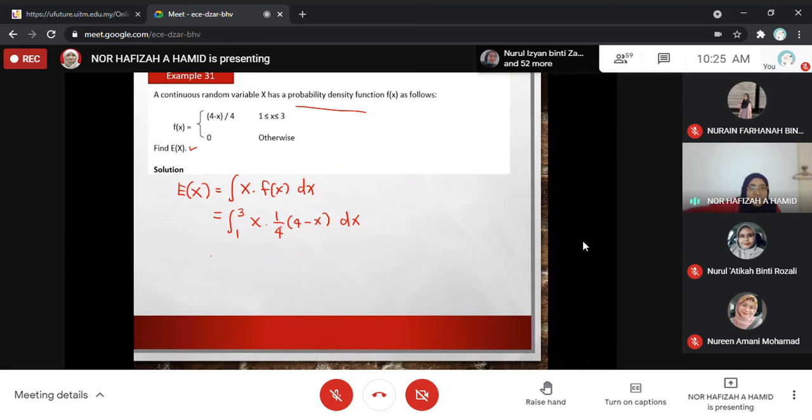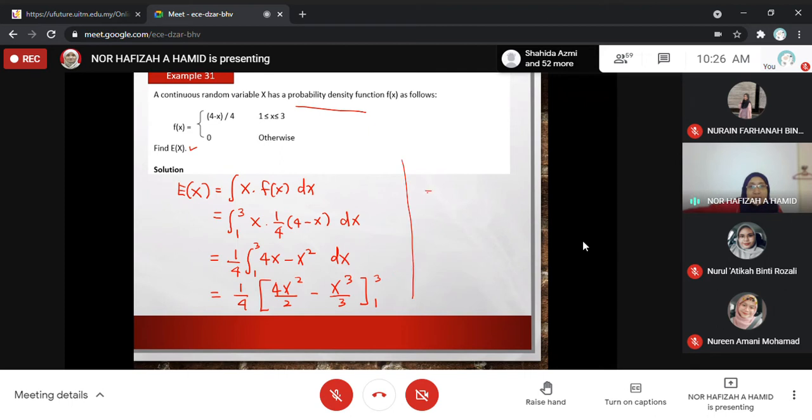Okay, so saya nak solve, saya take out 1 over 4 and you expand, you have 4x minus x square. Limit 1 until 3, okay, dx. Okay, so after you expand, then you need to integrate. So 1 over 4, 4x2 over 2 minus with x cubed over 3. Okay, limit 1 until 3.